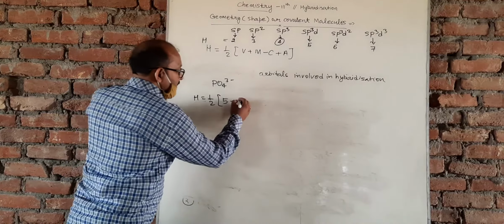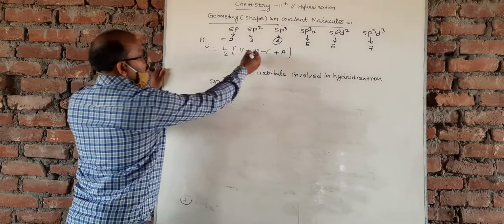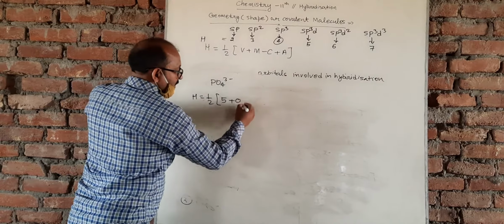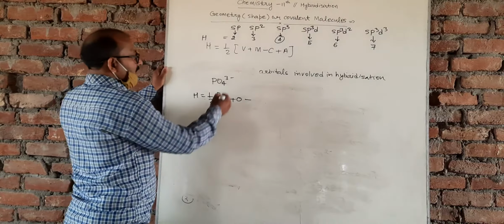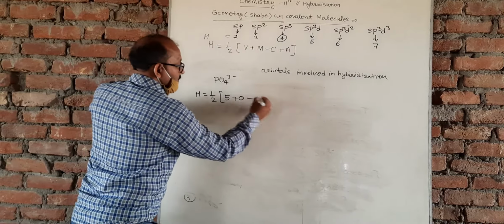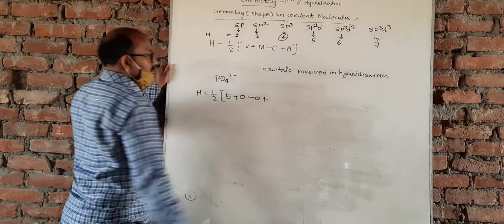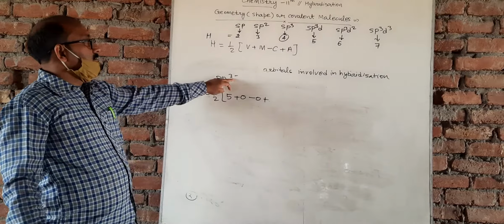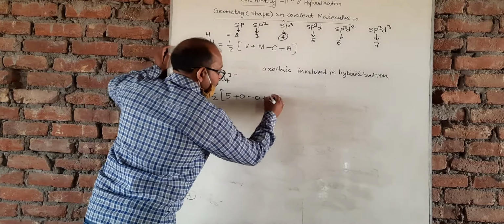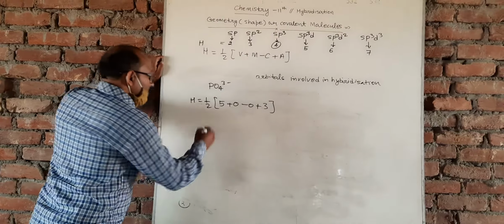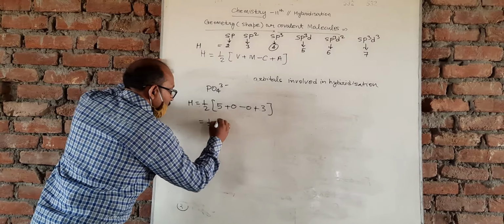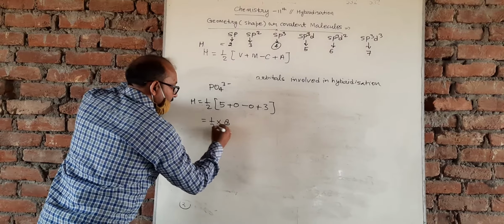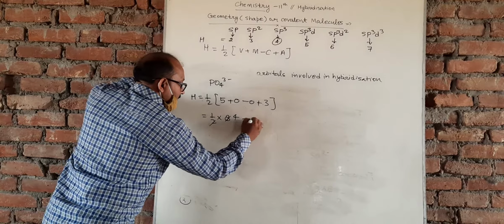Oxygen is divalent, so M is 0, the cation is 0, and the anion value is 3. So 1 by 2 into 5 plus 3 is 8, which gives 4.